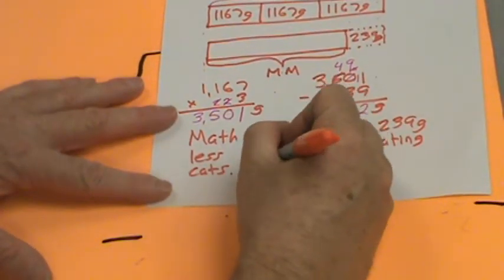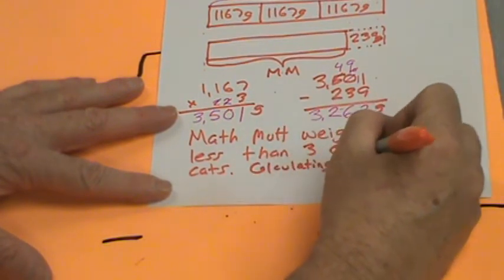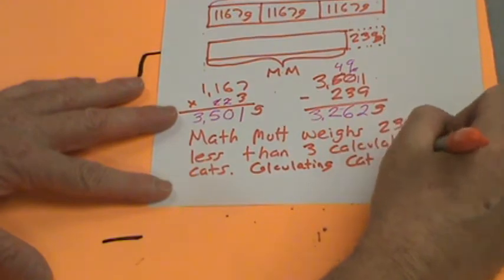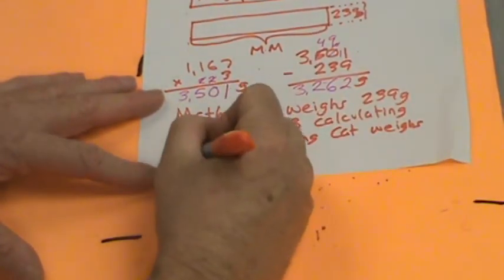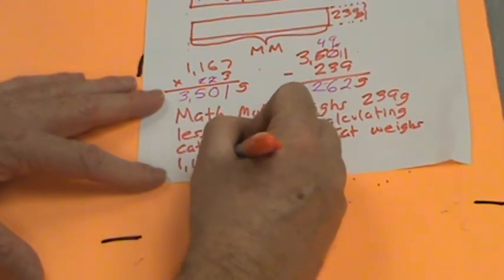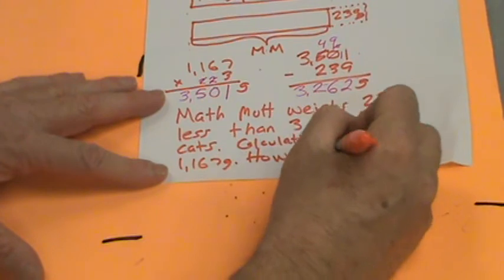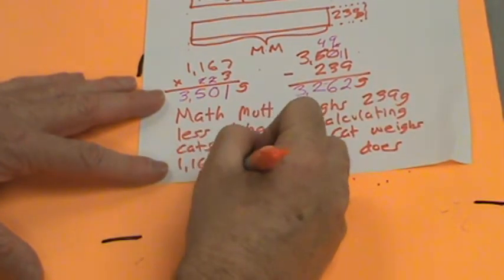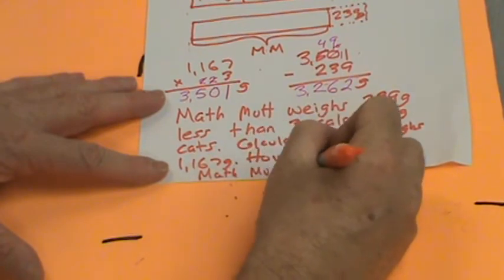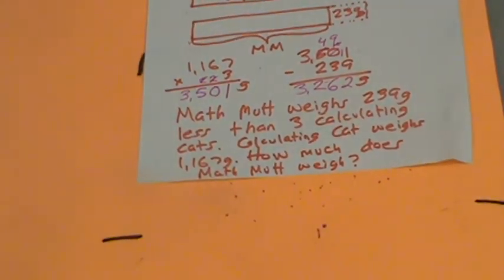Calculating Cat weighs 1,167 grams. Then we would say, how much does Math Mutt weigh? So we've created a problem for all this.